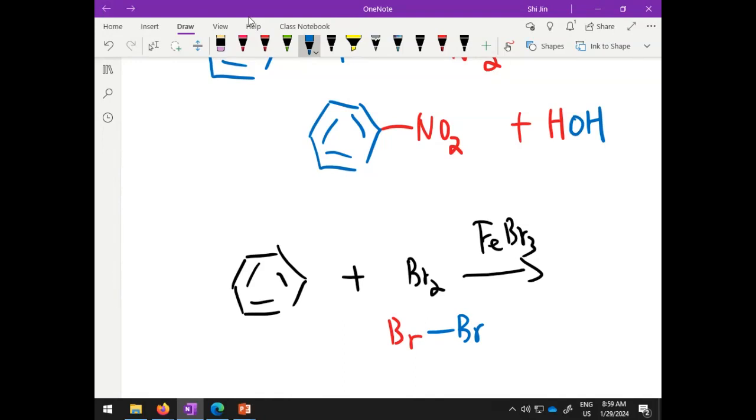So this one is the electrophilic fragment. You will see this thing become the product, and HBr.